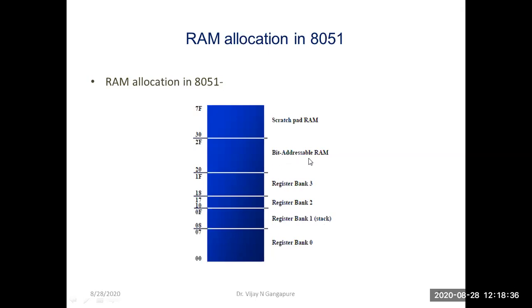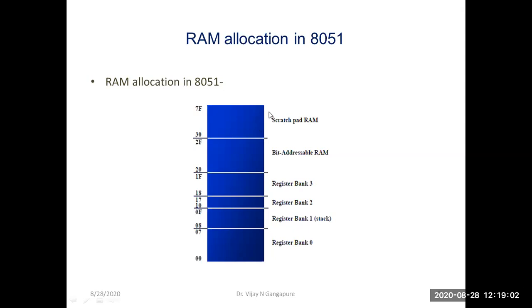Next part is bit addressable RAM, which ranges from 20 to 2F, that is next 16 bytes. Means from this part of RAM, you can particularly read any bit or modify any bit from out of these 16 bytes ranging from address 20 to 2F.